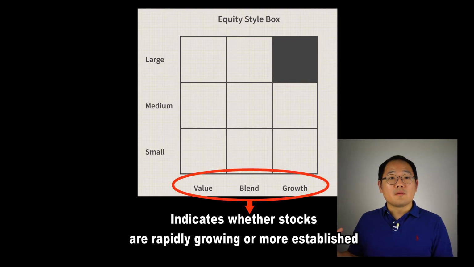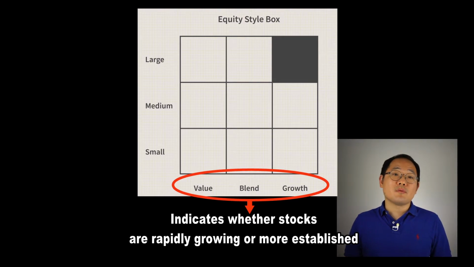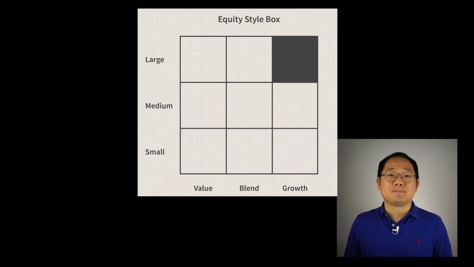The horizontal column shows whether the companies in the fund are value stocks, growth stocks, or blend. Value stocks represent high-quality, low-growth companies that pay dividends. Growth stocks represent companies which are trying to rapidly grow and do not pay dividends. Blend stocks are companies that are neither value nor growth stocks and are somewhere in between.